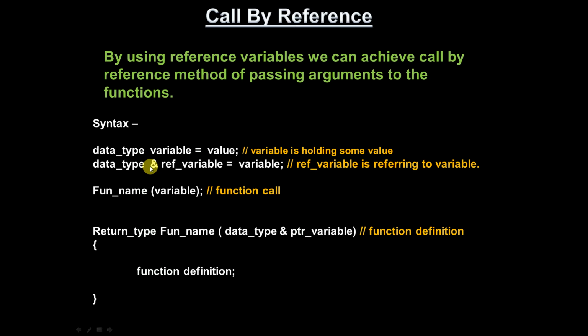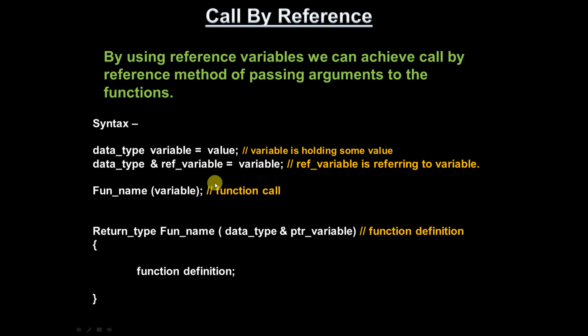So now: data type, reference operator, reference variable equals to variable. Now this reference variable is referring to this variable, and internally, as we have already discussed, these are implemented as constant pointers.